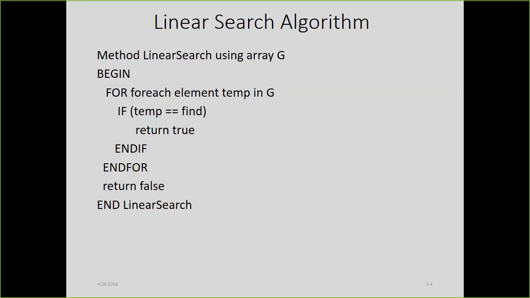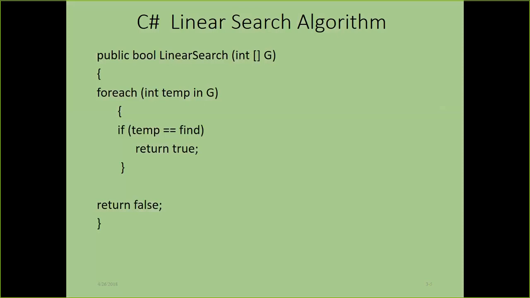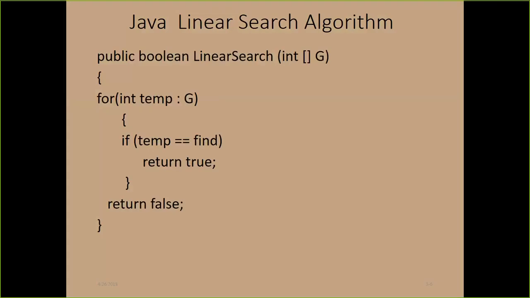This is called the linear search algorithm. It searches all the elements one by one, starting from the top, going to the next element, through the end. This is the C# program snippet, and this is a Java program snippet. It is pretty simple. I think everybody knows this, but if you do not understand, please let me know.